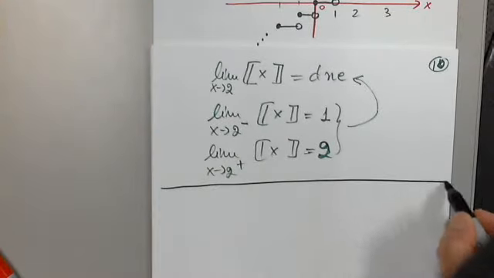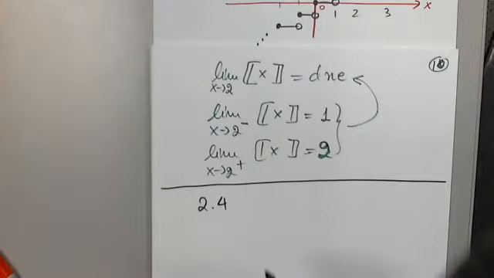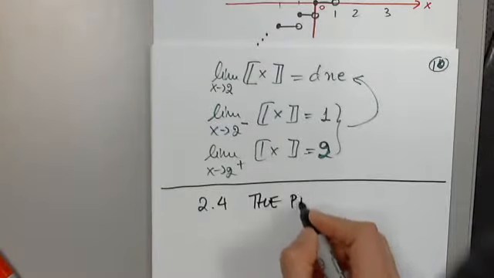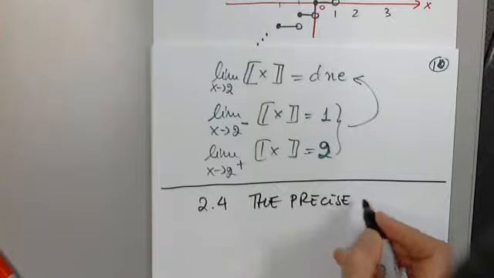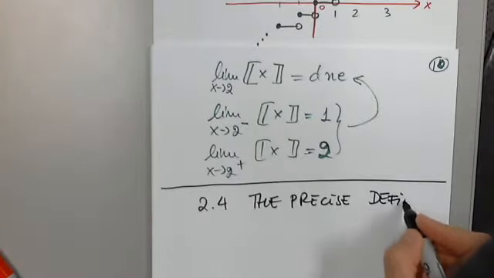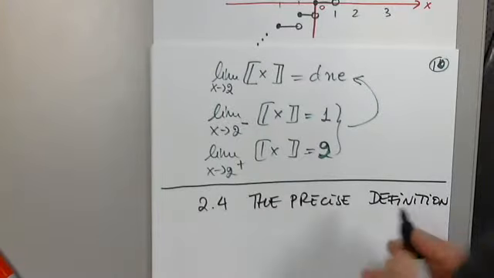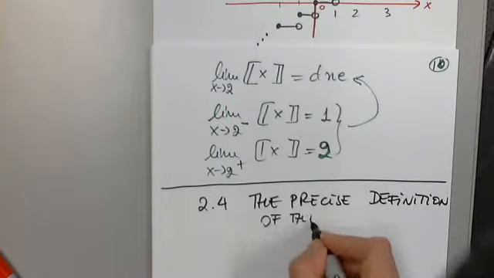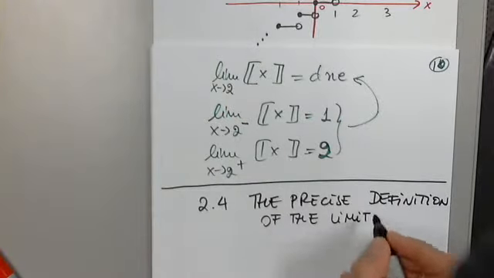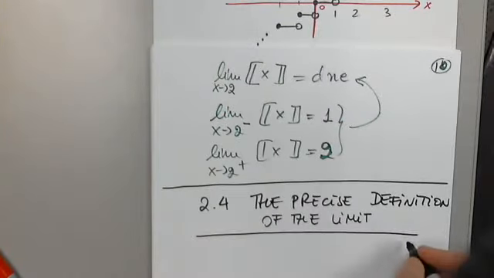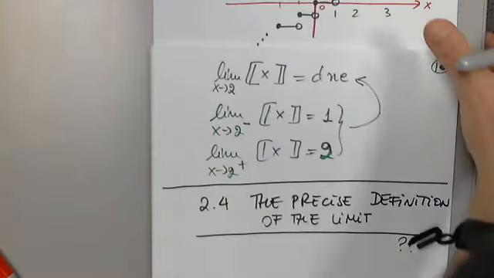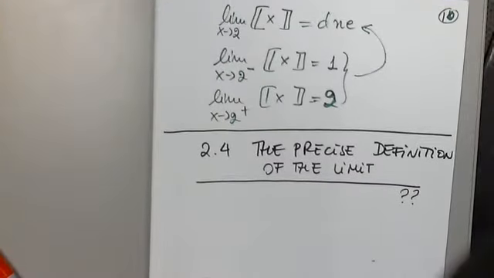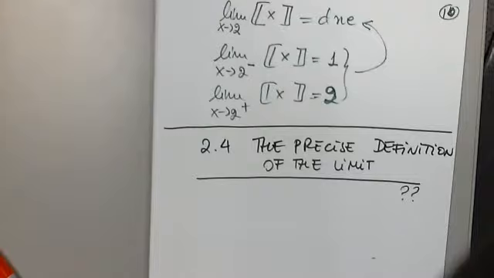2.4, the precise definition of the limit. And you could say, what are you talking about? What is this? What are you saying? So here's what I want to say.